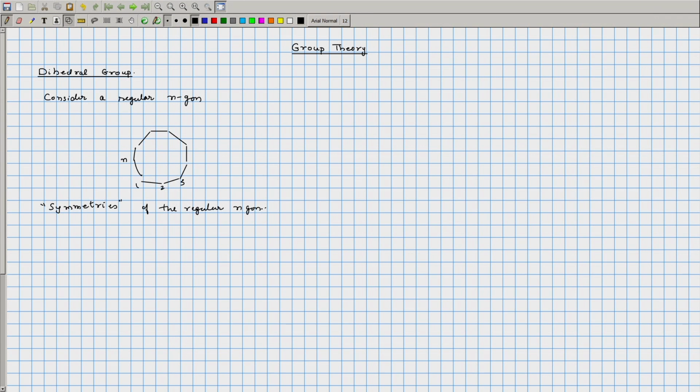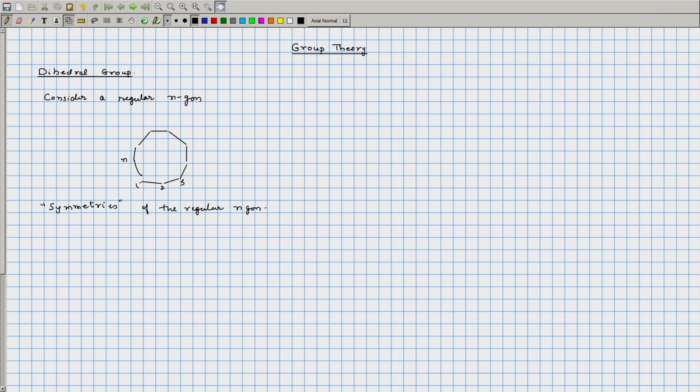Here we have given labels to the corners of the polygon, but when we are talking about the regular n-gon, we do not really label the vertices. We label the vertices for a reason that will become clear shortly. Okay. So, we want to look at all those rigid motions which will leave the regular n-gon unchanged.